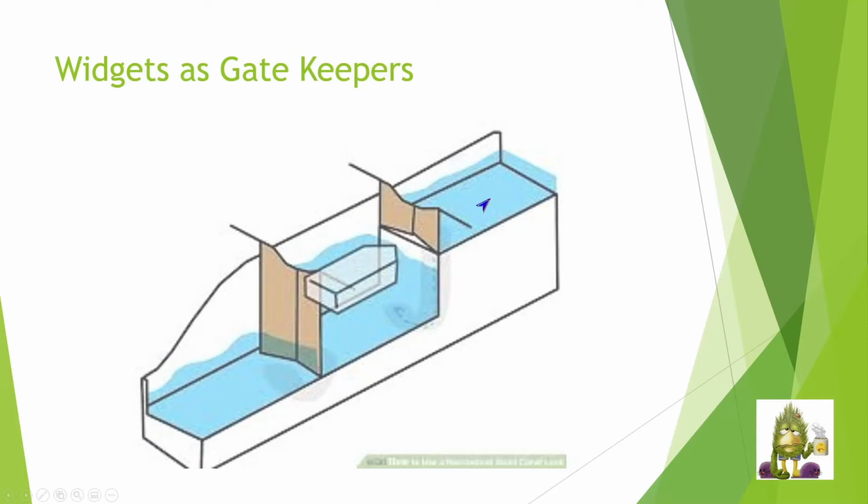How does it do that? Well, it's built into the design of the individual widgets that are executing. If you think of them as gatekeepers, such as you would have in a canal, the data comes into your widget, it moves into the processing area of the widget, and then it moves out and continues on its flow. And what that means is that the data simply continues to pass through that widget as it appears.